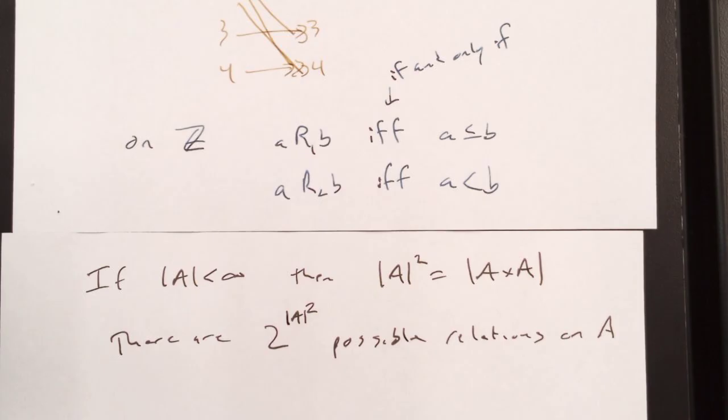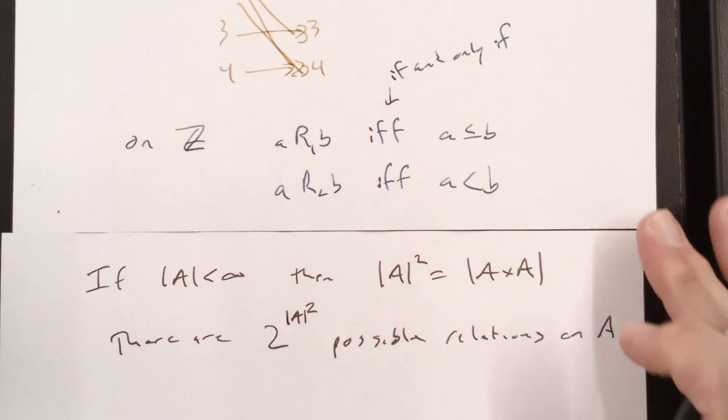But I'm not just interested in relations in the abstract. I want to know some properties about relations. So let's think about some of the relations we've already seen. Let's add some terms.